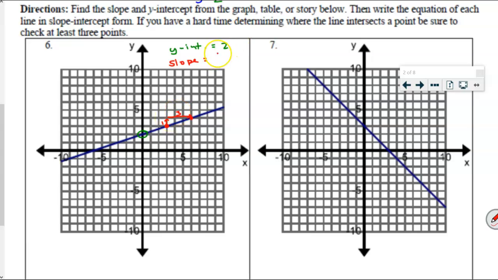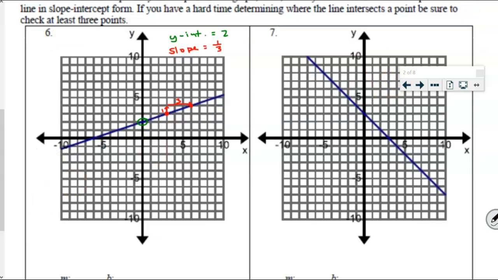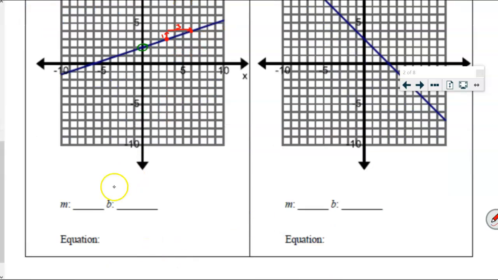So the slope is 1/3. Let's write the equation of that line then. y is equal to, oh, I didn't realize that there's a spot down here. m is equal to 1/3. The b was equal to 2. So when we write it in y = mx + b, y = 1/3 x + 2. Exactly.